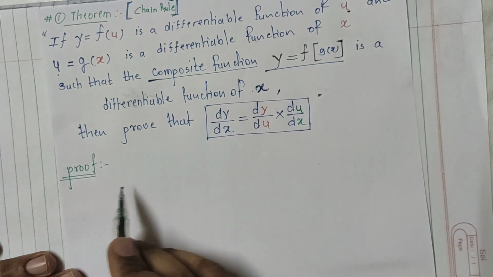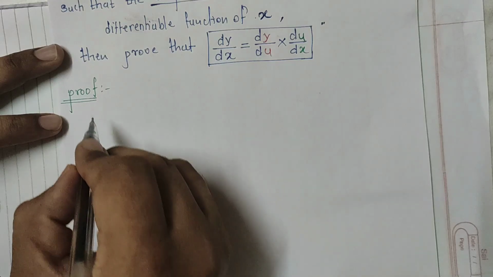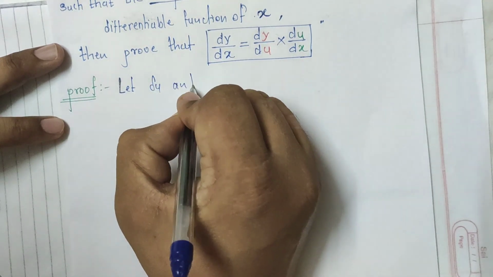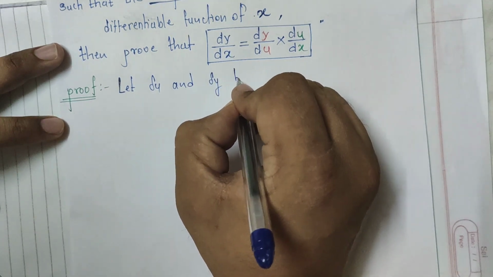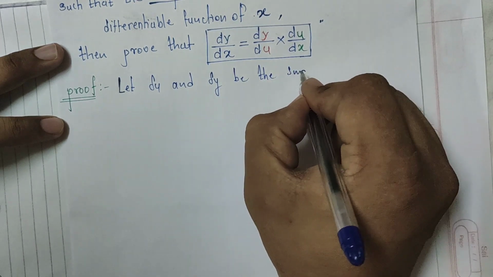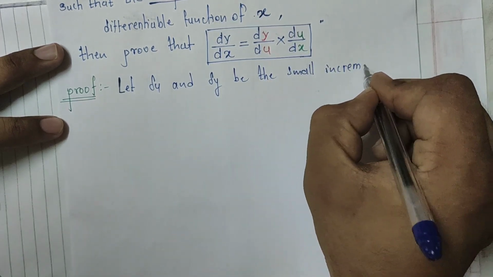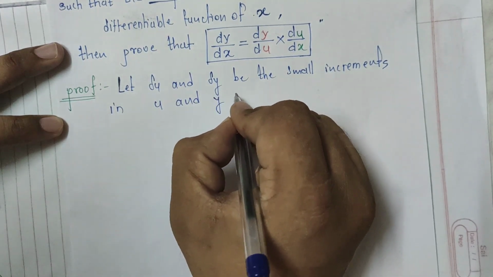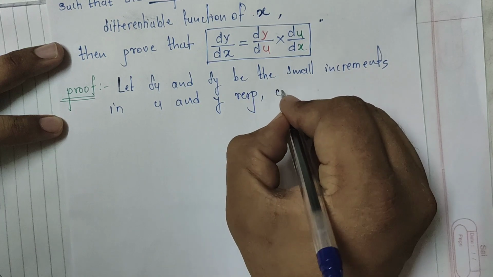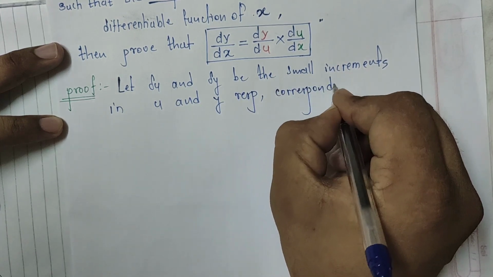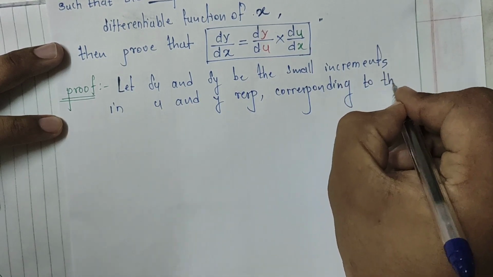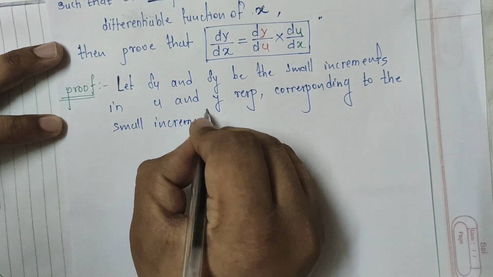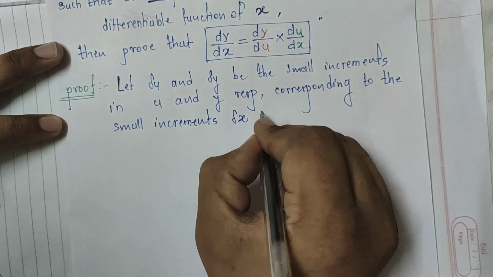Okay, let us see how to prove this theorem. Let delta u and delta y be the small increments in u and y respectively, corresponding to their small increments, delta x in x.